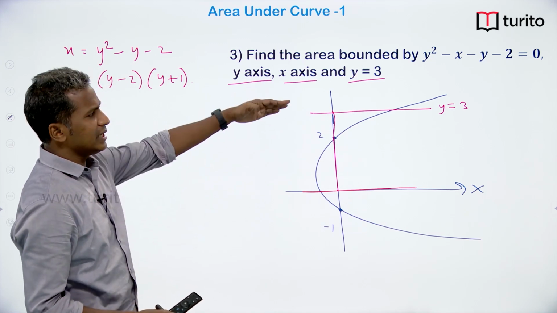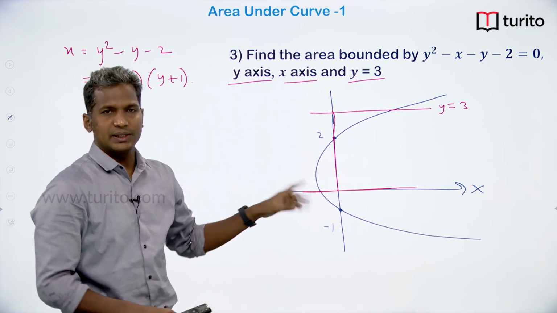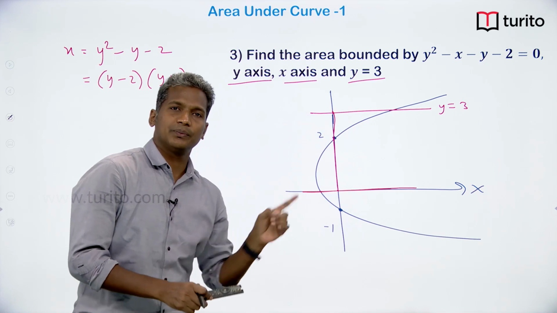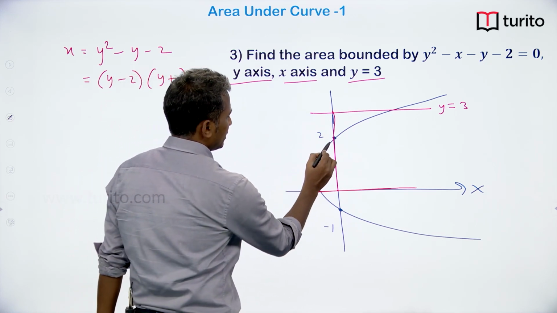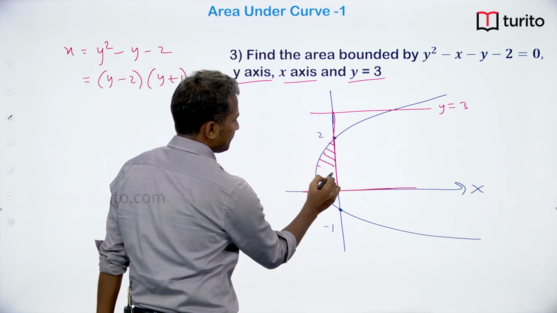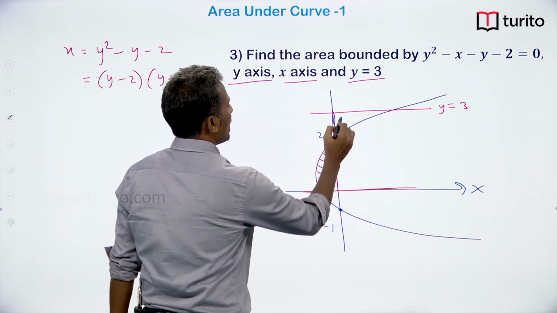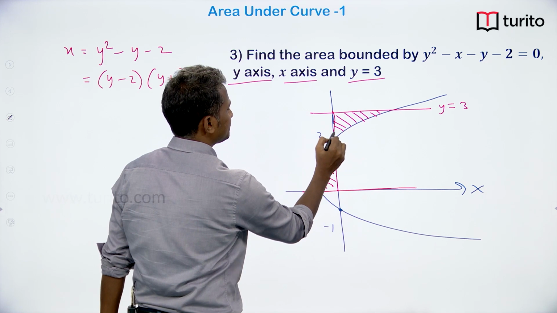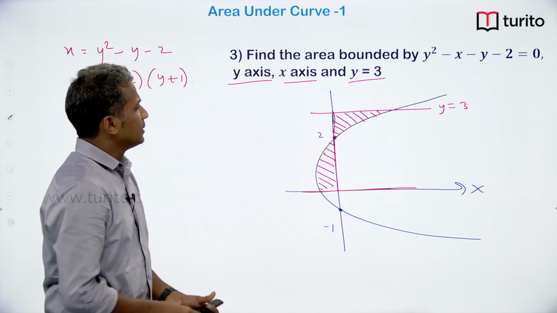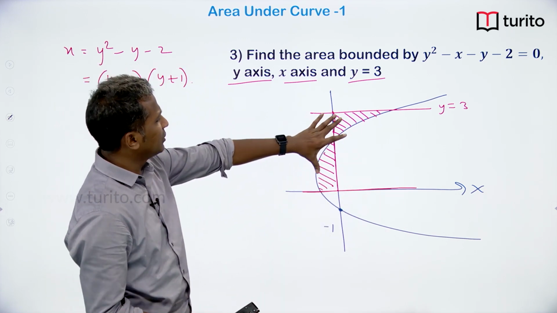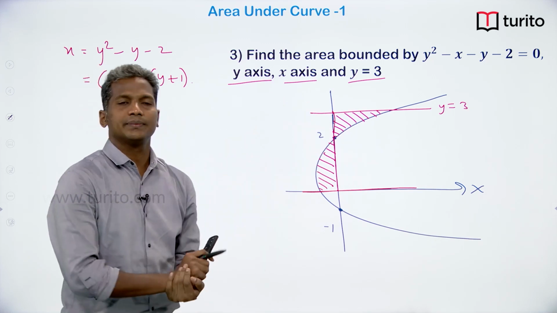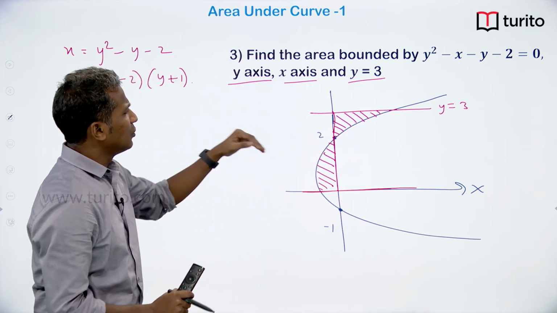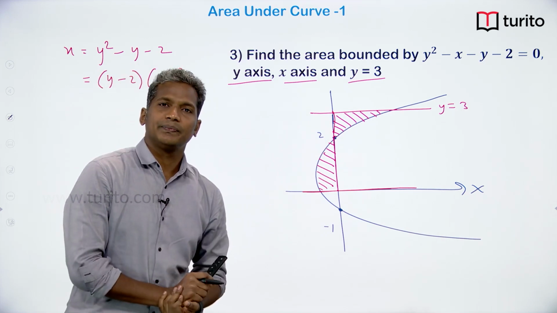Now what is the area that is bounded by these three and also the curve? So here we are finding one region here, and here also we are finding another region. Okay. So the area can be equal to these two regions. Okay. So now how do we proceed with this problem?